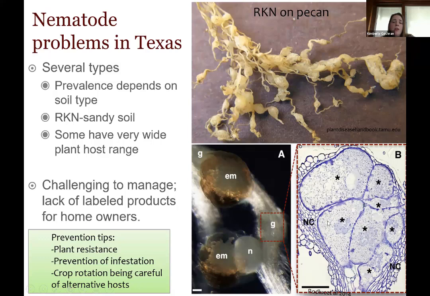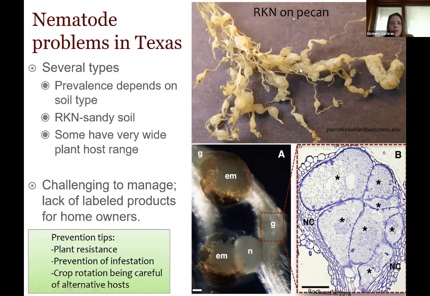The other part of the gall is the egg masses. So here on photo A, it looks like a brown ball with little dots inside, and it says EM on it. That means egg mass. So that's an encysted female nematode that's formed a feeding site with a root, and she's actually got eggs in that mass as well.